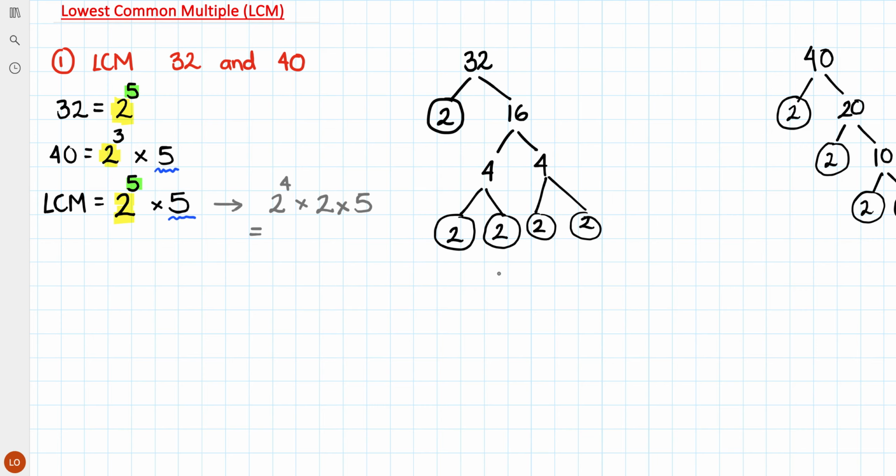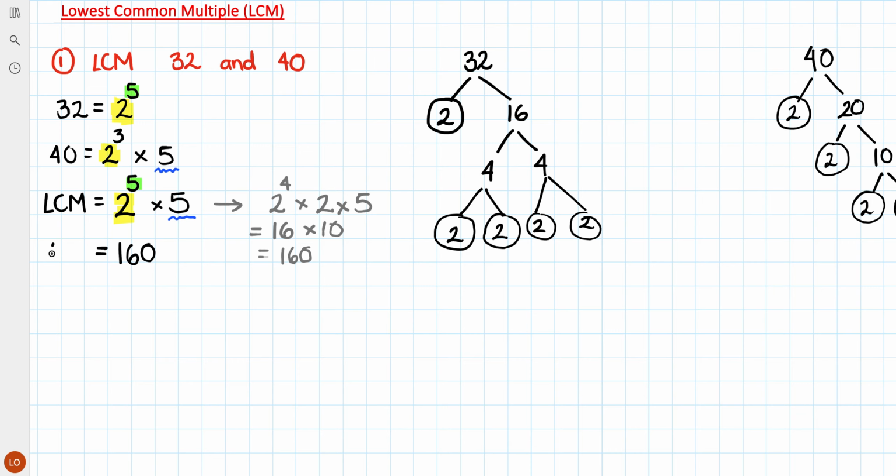We can see it in this tree here. But if I do it with my fingers, 2 times 2, 4 times 2, 8 times 2, 16. So I have 16 times, and 2 times 5 is 10. So this one is going to be 160. I found that my lowest common multiple between these two is 160.